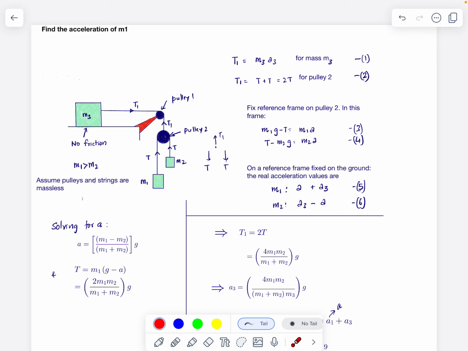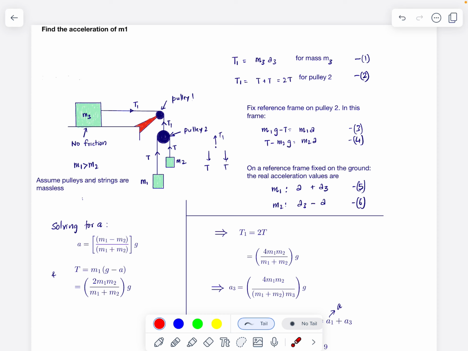So the real acceleration of m1 is the relative acceleration of m1 plus the acceleration of the pulley. For m2, it is the acceleration of the pulley downwards, from which we subtract the relative acceleration of m2 upwards.